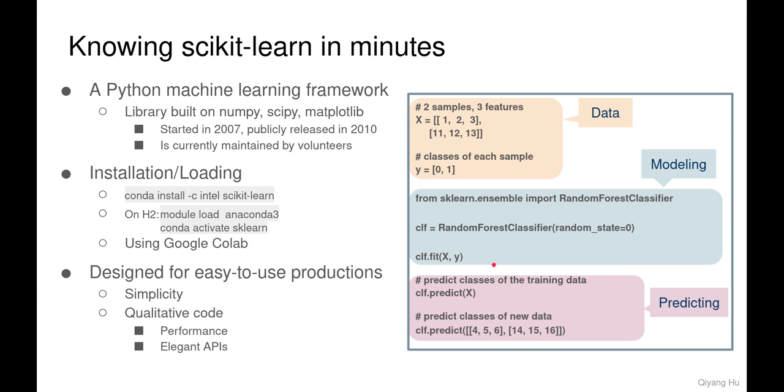You just import the corresponding model and then define the model like this. Then you call model.fit with your training data and your labels. And then you can make predictions with the model's name dot predict. You can predict on the training data, and also you can predict on new data.